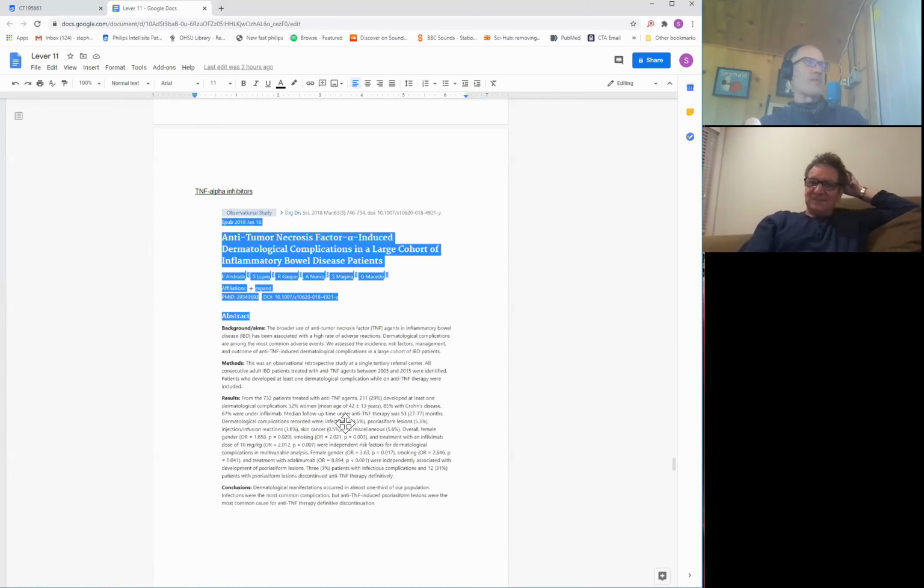The most common was infection, which you would expect, and injection or infusion site reactions, but then 5.3% have these psoriasiform lesions, which was exciting when this first came out because it was a new thing in derm and dermatopathology. And since some patients with psoriasis are getting treated with these, there was a question of, is this psoriasis?